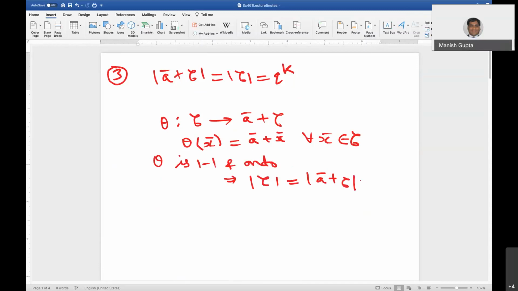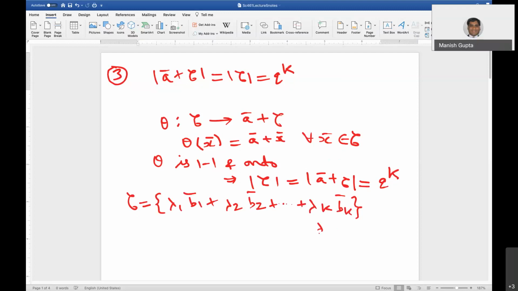And since the cardinality of C is q raised to power k, why? Because C is k dimensional. I should write it down. A codeword in C will be something like lambda 1 times b1 plus lambda 2 times b2 and so on up to lambda k times bk, where the lambda i's belong to Fq.